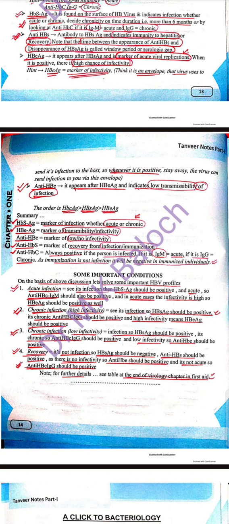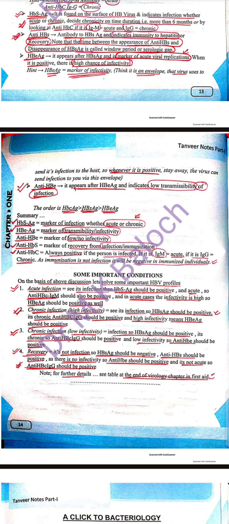So इसके against जो antibody आएगी वो क्या है? Anti-HBc. It shows whether acute or chronic infection. IgM, IgG से मालूम करेंगे.